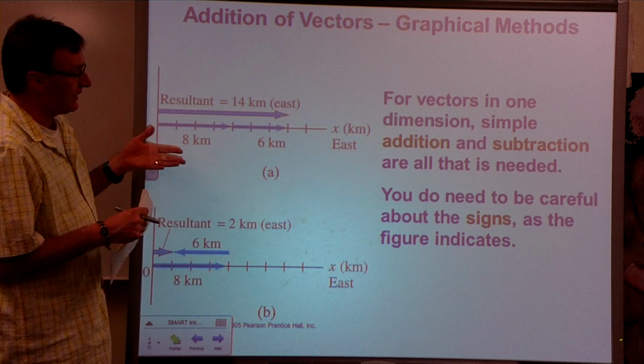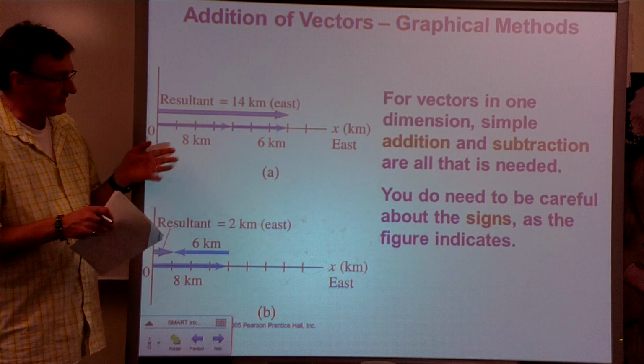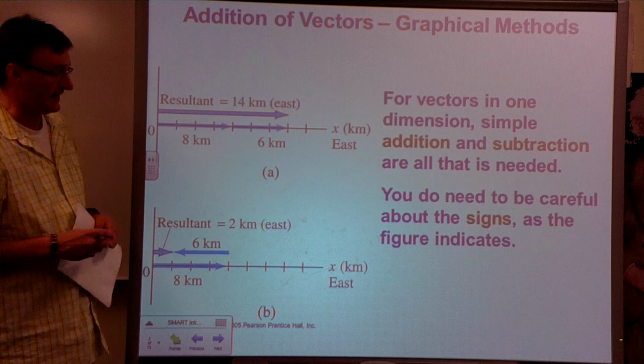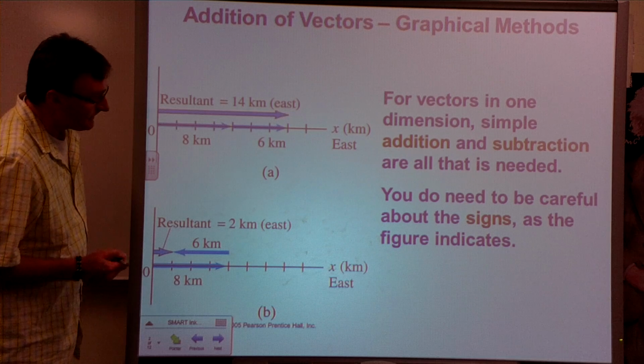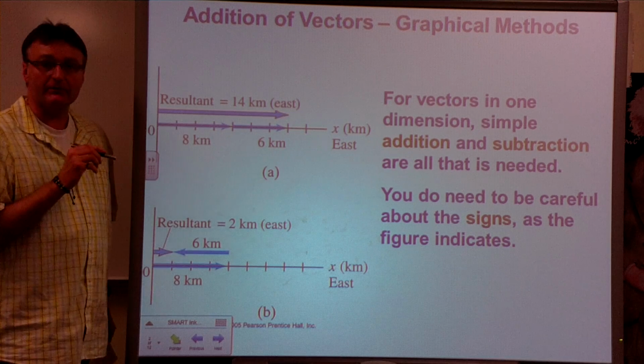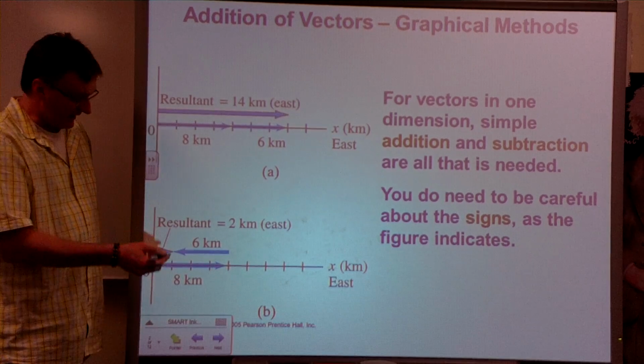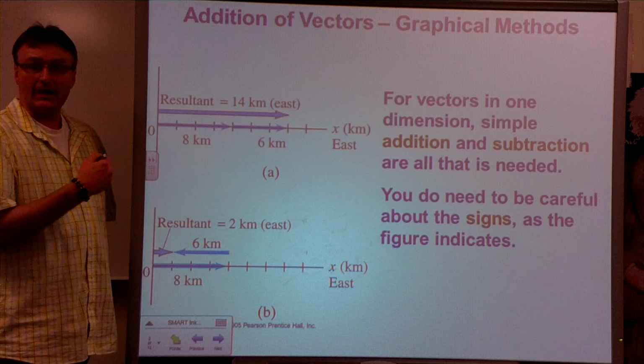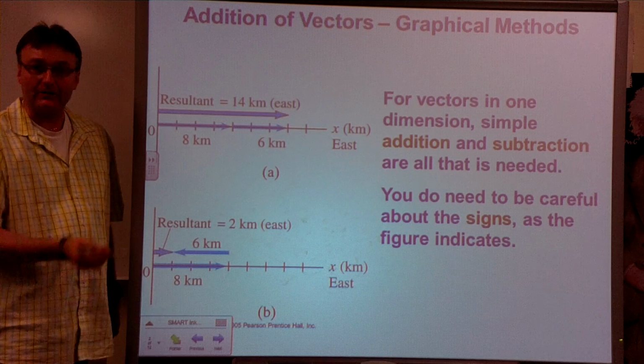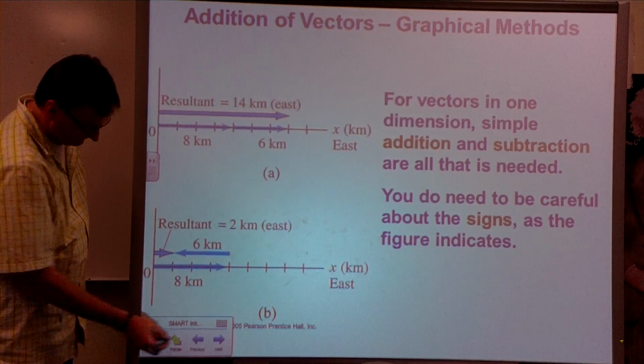So when they're in one dimension, it's pretty simple. All you do is either add or subtract, as the case may be. And again, you have to make sure that you're careful about the signs when you're looking at the direction of the vectors, which tells you whether you need to add or subtract the numbers from each other.